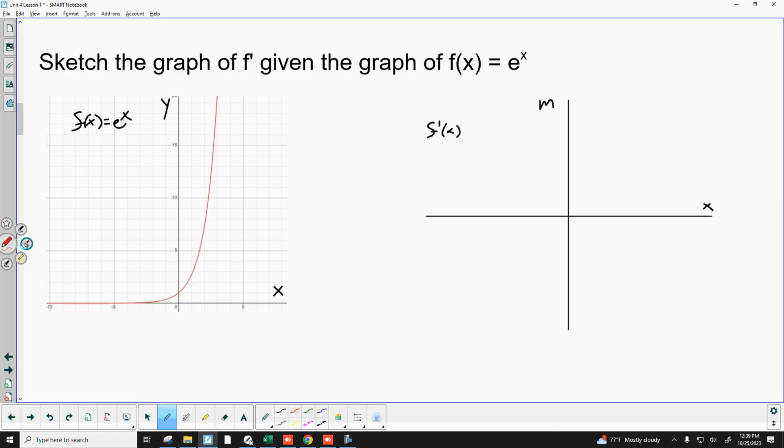Good idea. All right, so we got slopes that are close to 0. I have more and more positive slopes, so it looks like my slopes just get more and more positive.